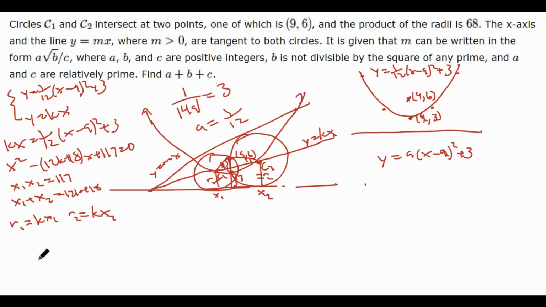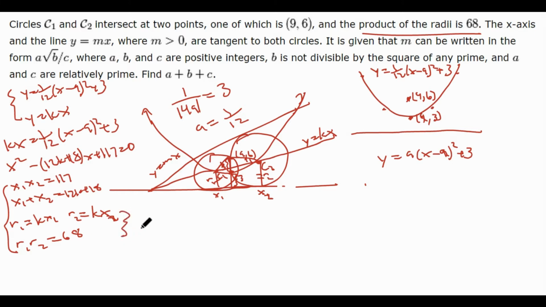Finally, there's one more thing that we have not used yet, and this is our strange property that was given to us. The product of the radii is 68. Fortunately, we can easily represent this because r1 times r2 equals 68. Now we have this information here, and let's see if we can find k. Well, first off, let's plug in r1 equals kx1 and r2 equals kx2, and this gets rid of the r1 and r2.